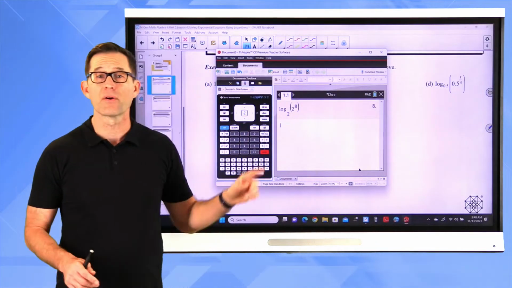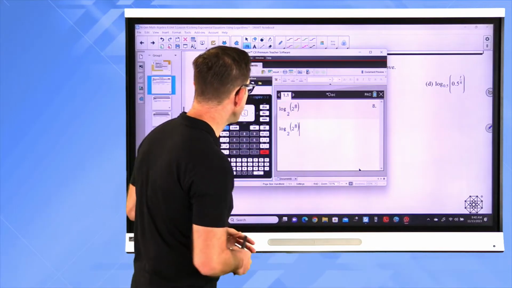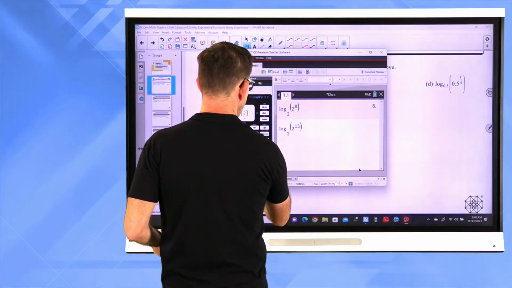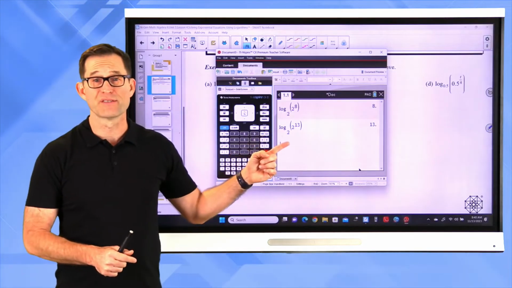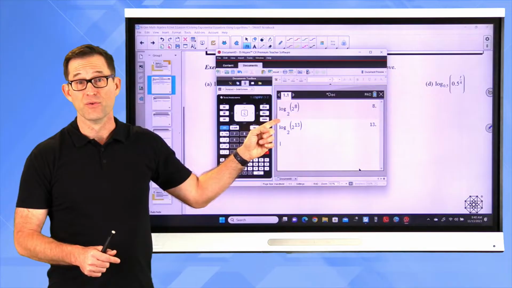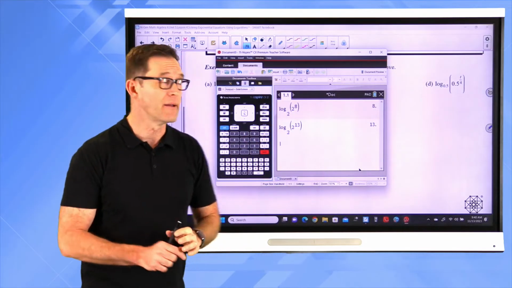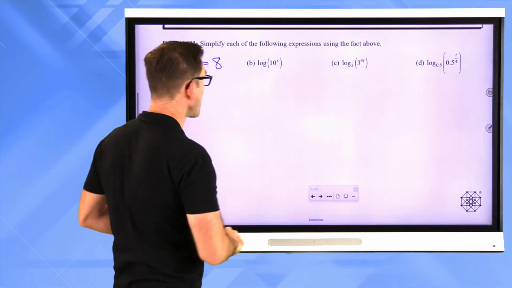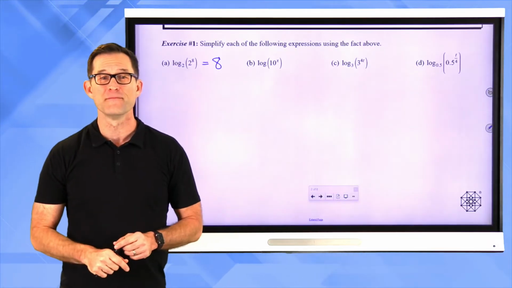And it wouldn't matter what power I put in here. If I grabbed the log base 2 of 2 to the 13th, it would give me an output of 13. Because of course, what do I have to raise 2 to to get 2 to the 13th? 13. 2 to the 8th is 2 to the 8th. Simple as that. Now, that should give us a very good sense for where we're going with the rest of these.